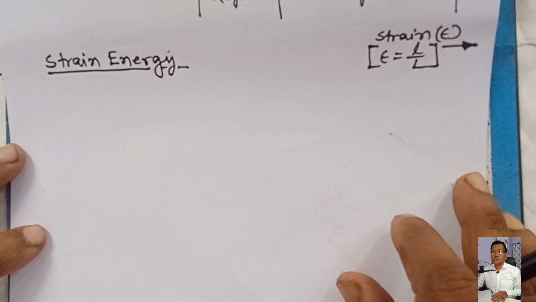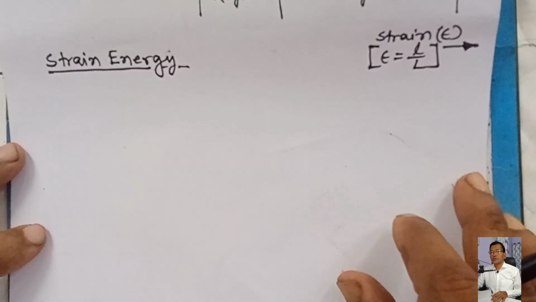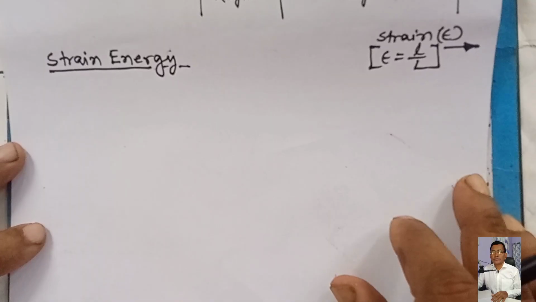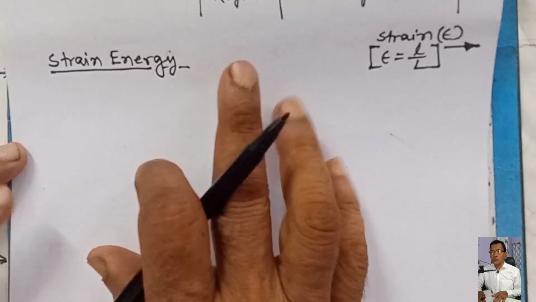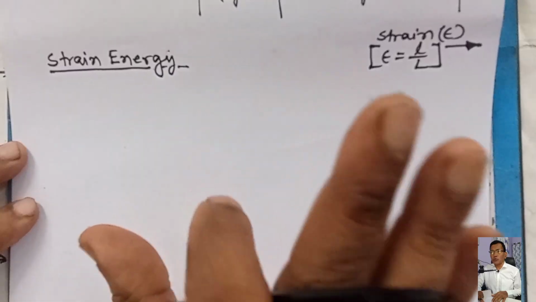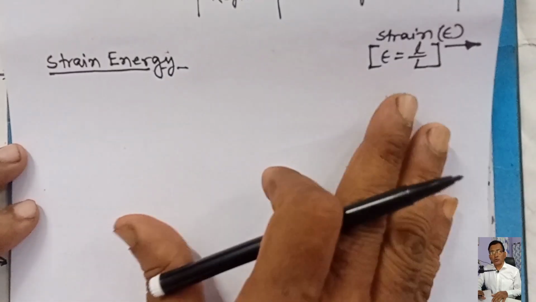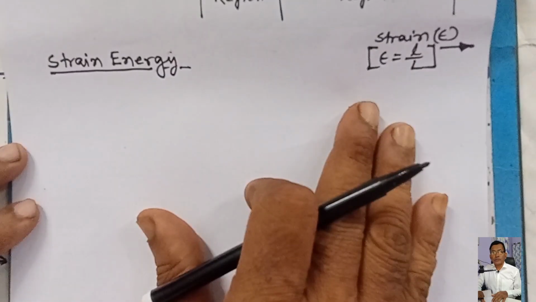Today in this session, we will discuss strain energy, modulus of resilience and modulus of toughness. Strain energy is the internal energy stored in a deformable body when it is subjected to an external load.